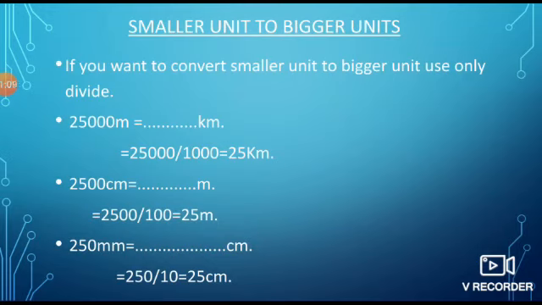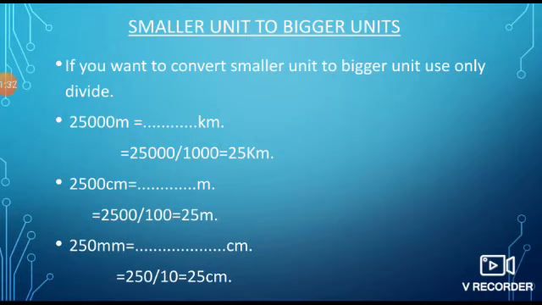If you want to convert a smaller unit to a bigger unit, use only divide. 25,000 meter into kilometer means you can use divide. 25,000 by 1000 is equal to 25 kilometer.